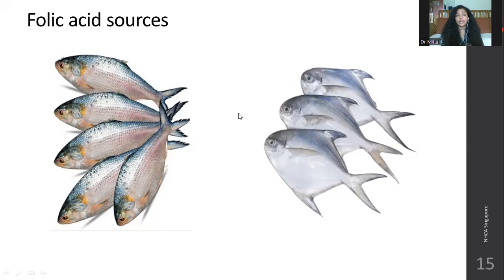Those who have the textbook right now, just see the total amount of folate present in hilsa and pomfret per 100 gram and compare it to all the other vegetarian sources, including egg that is given. What is the per 100 gram folate present in hilsa and pomfret? Can you mention in the chat box?